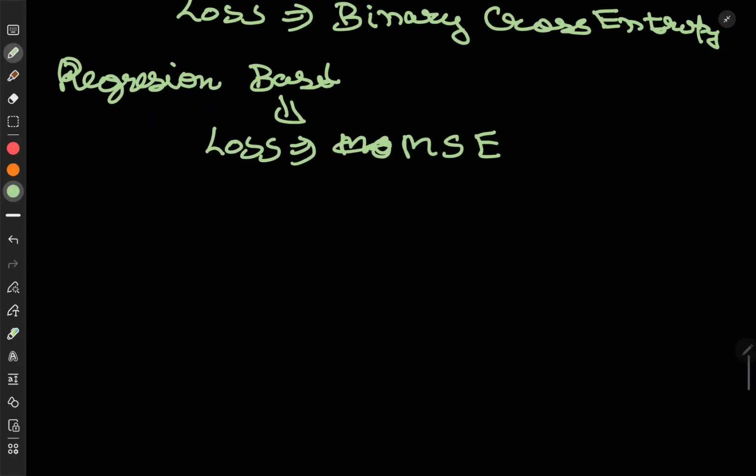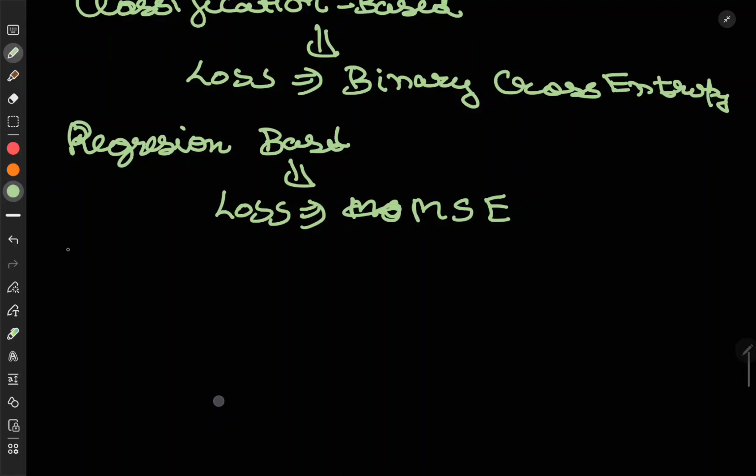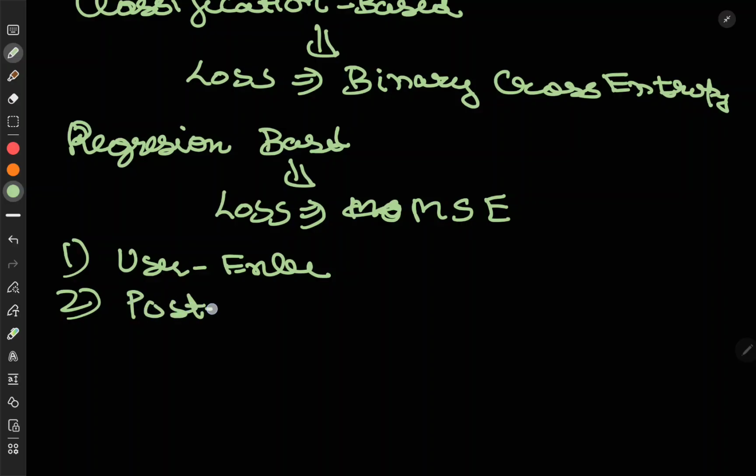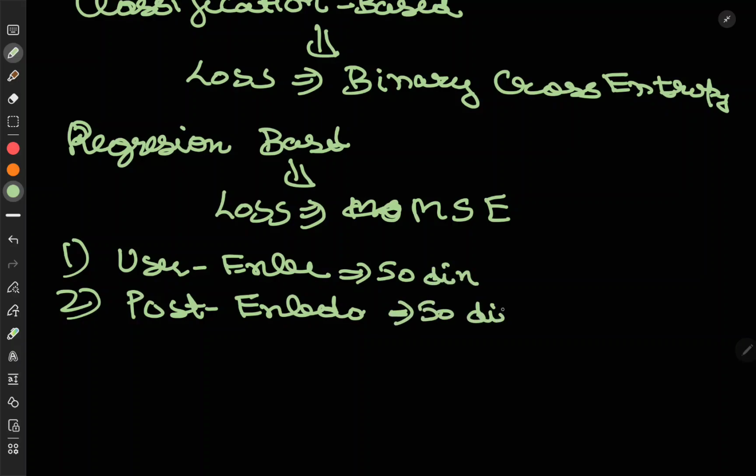The model weights will be trained, and your user embeddings and post embeddings, which we represented using 50 dimensions initially, are all going to get trained at the time of backpropagation.